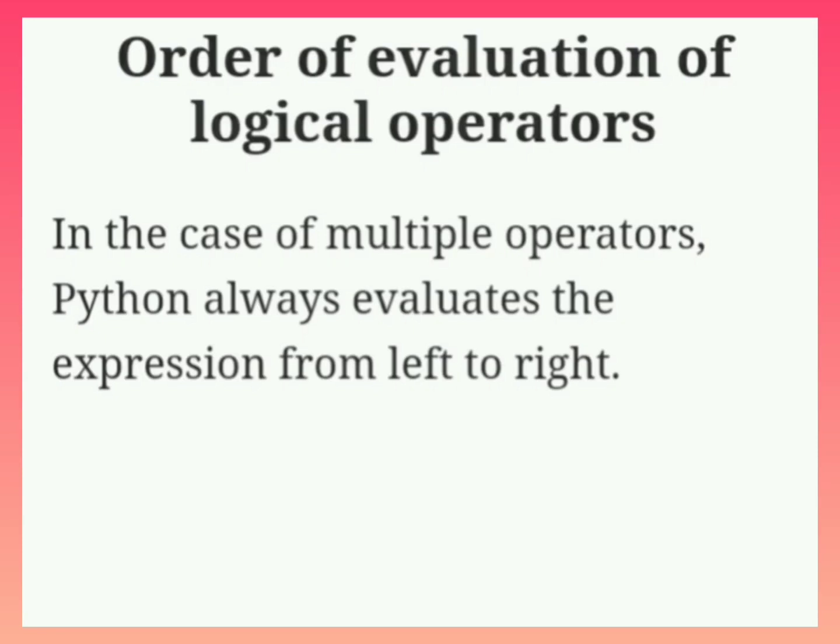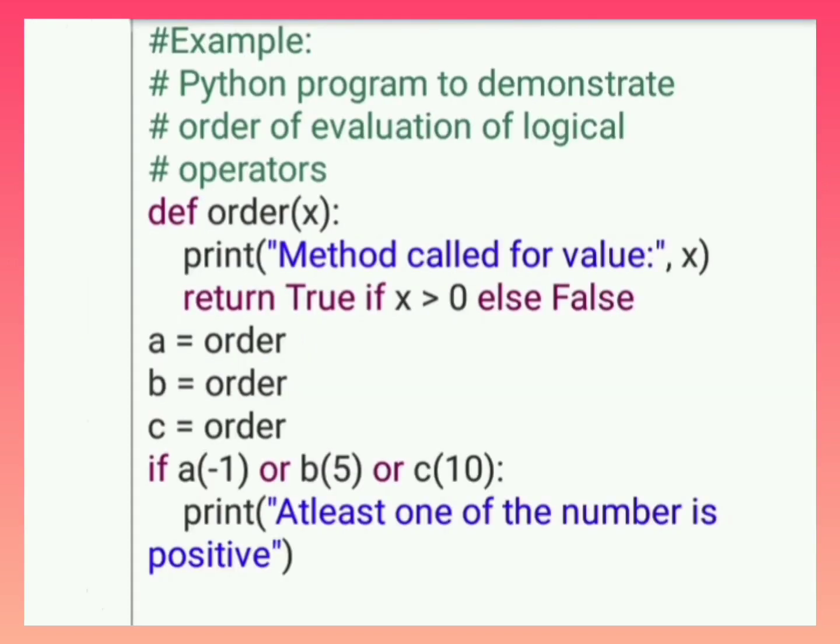Order of evaluation of logical operators. In the case of multiple operators, Python always evaluates the expression from left to right. Example: Python program to demonstrate order of evaluation of logical operators. Def order of x. Print method called for value x.